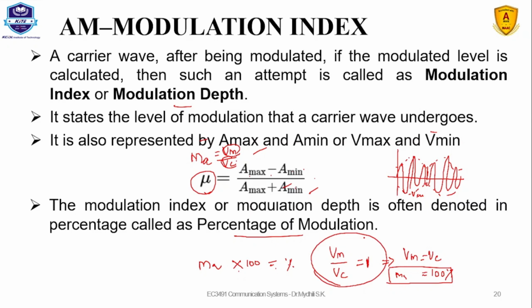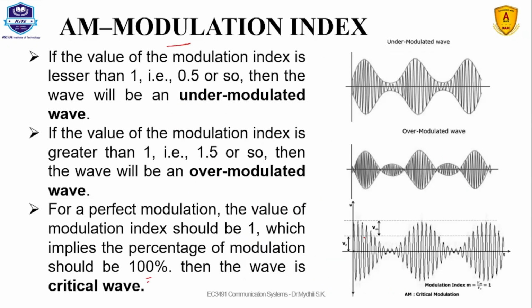This value is very important, and the condition where it arrives at 100% is called the critical wave. It has two other cases: it can be less than 1 or greater than 1. When it is less than 1, it is called an undermodulated wave, and the waveform is represented like this.